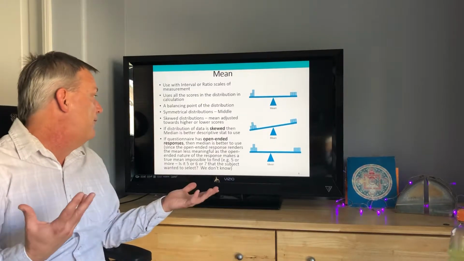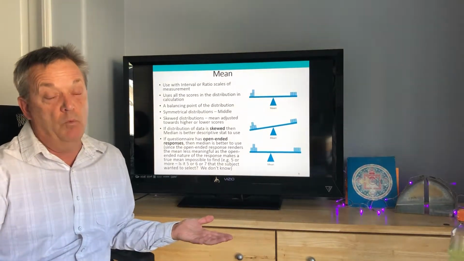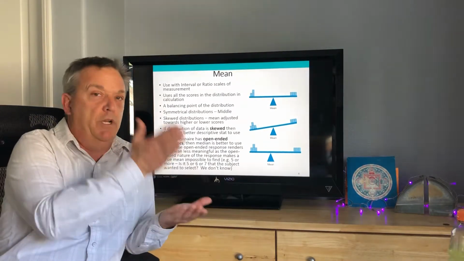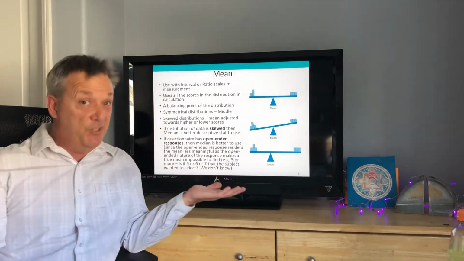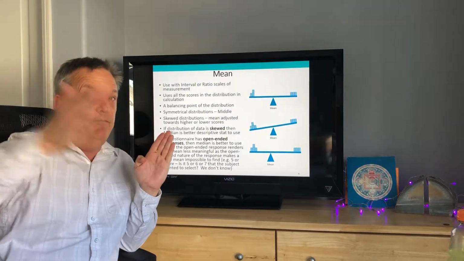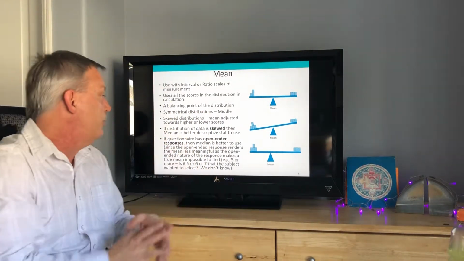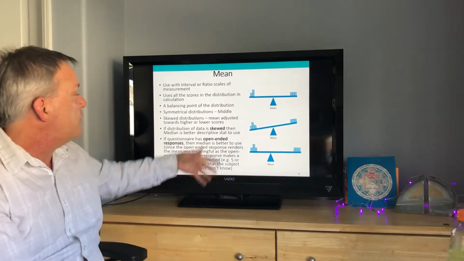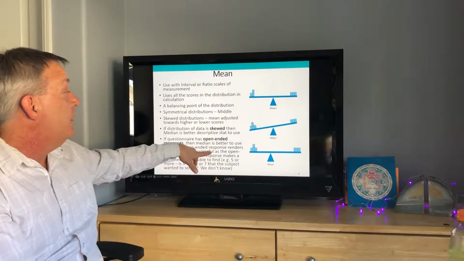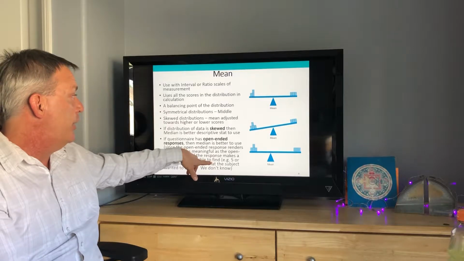For example, if you have 5 or more, we don't know if the participant wanted to select 5, 6, 7, 100. And so given that variability, we can't use the mean as we won't be able to know the true mean. And so that's why we use the median for open-ended responses on a questionnaire.